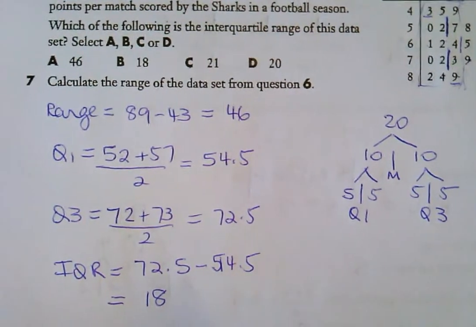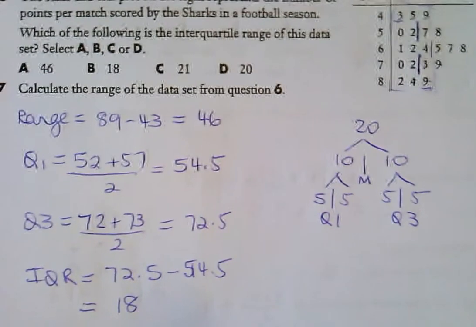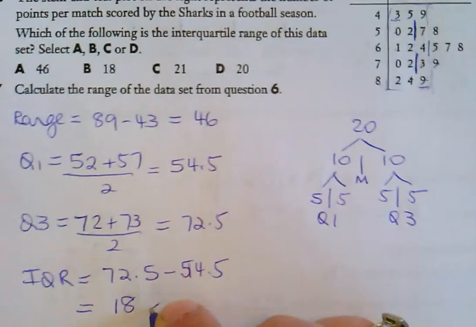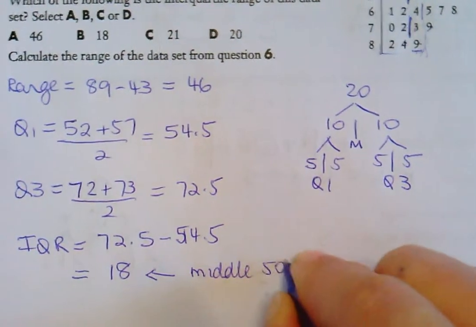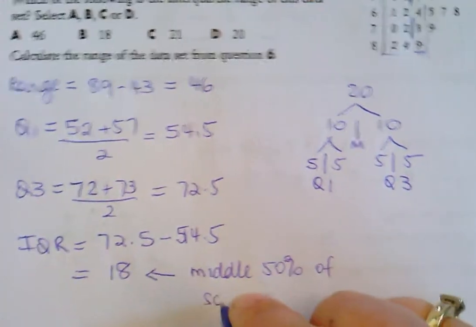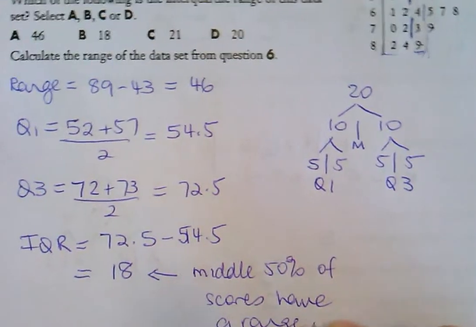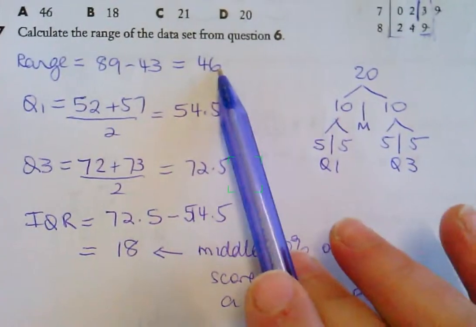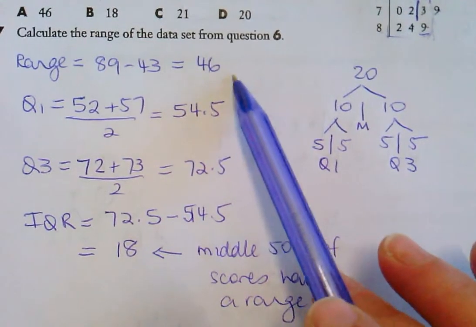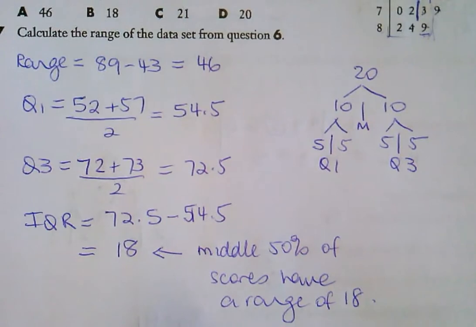This means that the middle 50% of scores have a range of 18. Whereas the range, as you know it, is 46. The absolute spread of the scores is 46, but the middle 50% of scores only differ by 18.